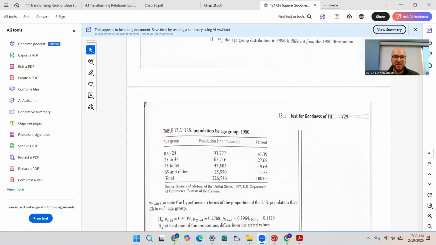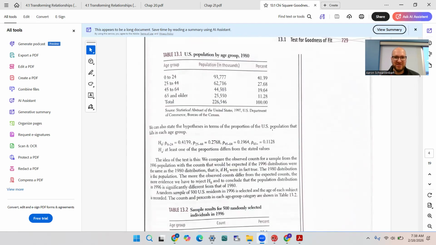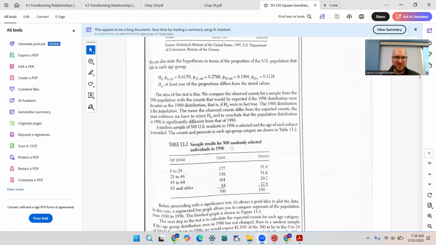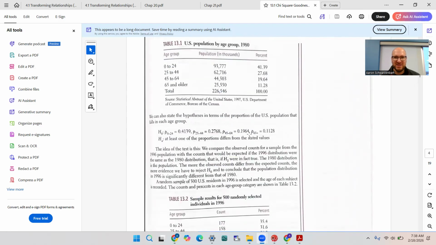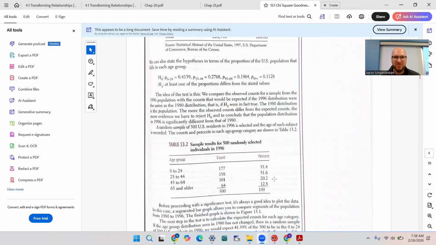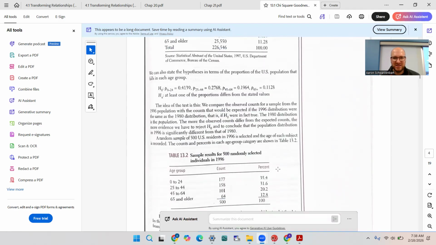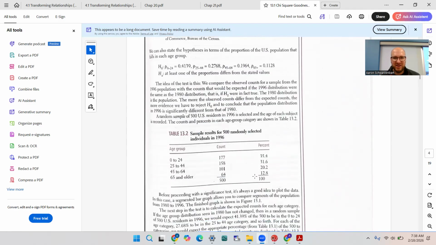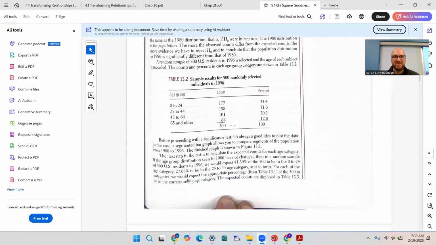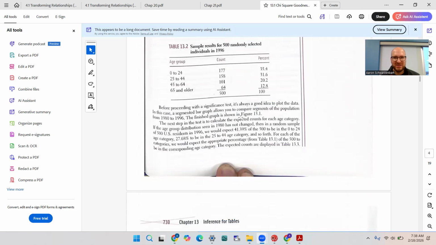So the US population by age group in the 80s. This is the same population in 96. And we can see the different percentages. It's probably more important to compare the percentages. So this was census data from 1980. This is a random survey of 500 people from 1996.